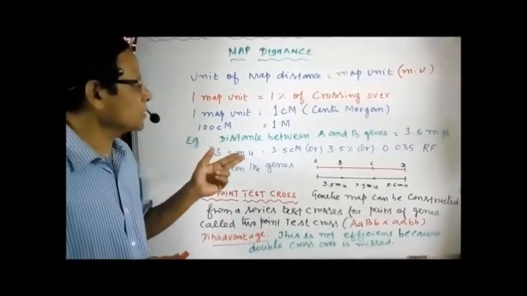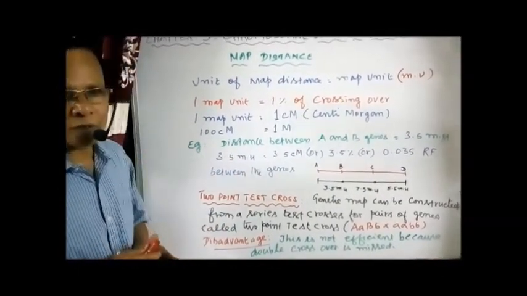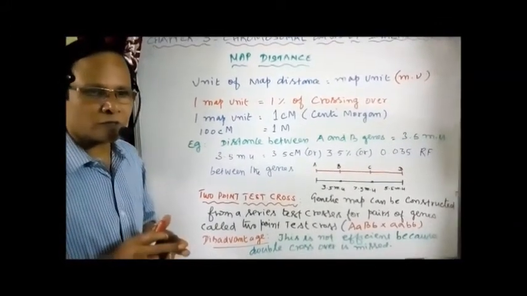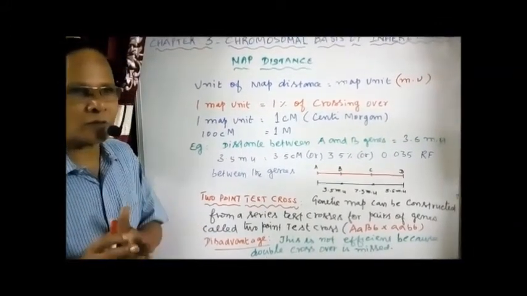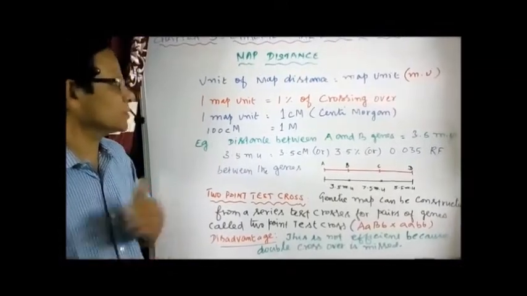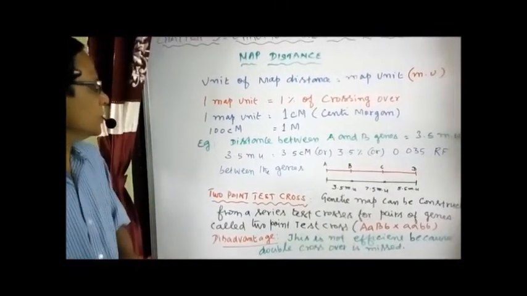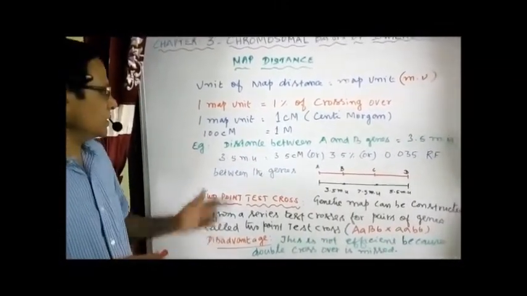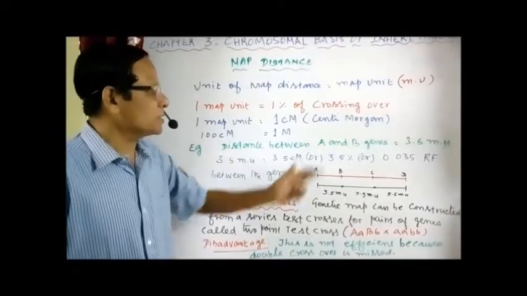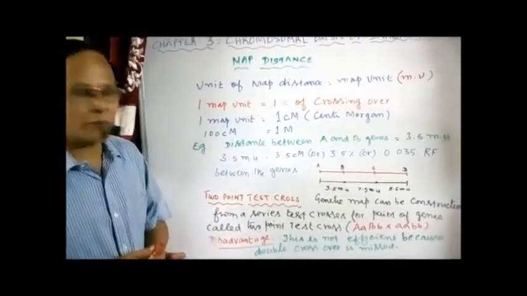So it may be in the form of 1% crossing over, or 1% recombination frequency. We have different methods, I will come to this right now. For example, the distance between A and B genes is equal to 3.5 map units.